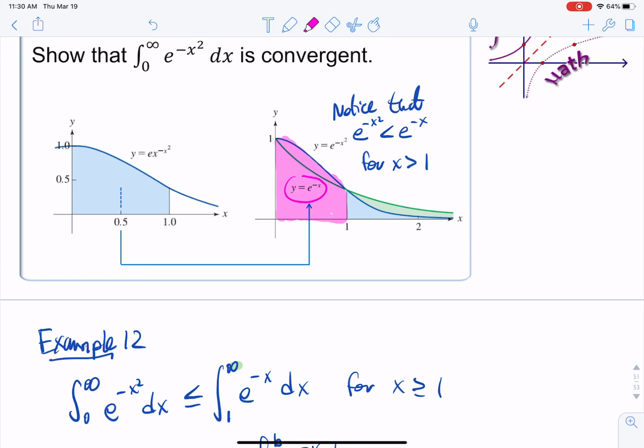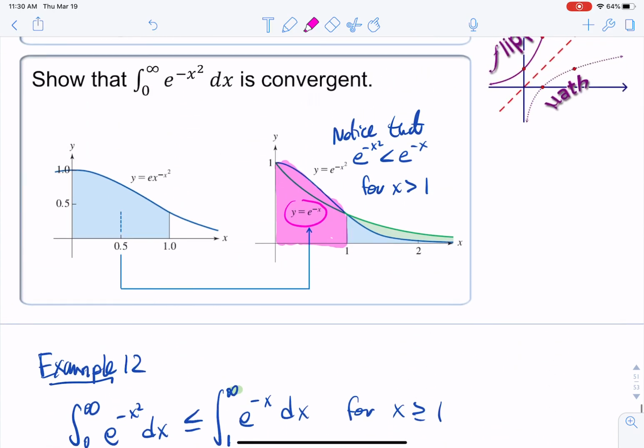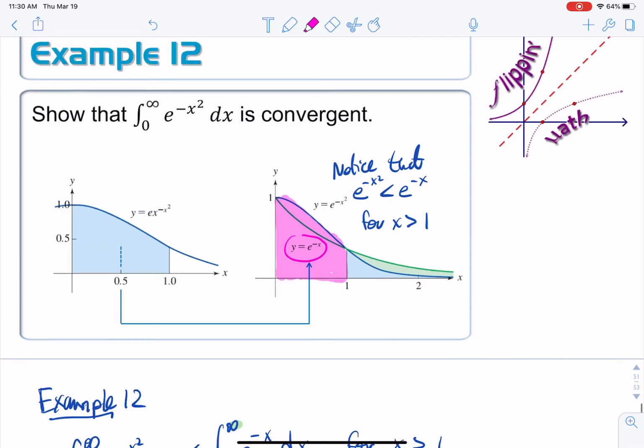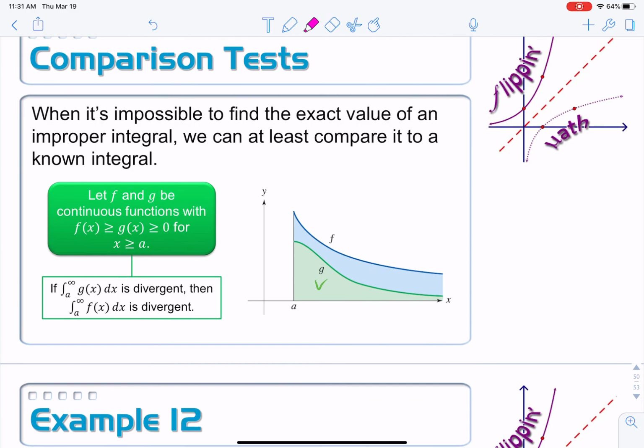I'm going to take whatever this finite area is, and I'm going to add it to something which also converges, and so it's still going to be finite. And so that's why it doesn't matter that it doesn't start at 0. This one's going to start at 1. Again, up here in the comparison test, it says as long as these inequalities are true for some value that's greater than or equal to a.